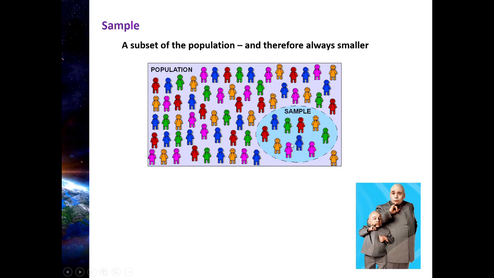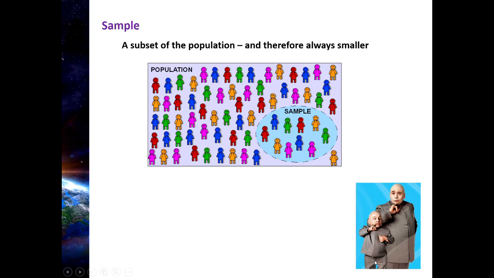And ideally, we want this sample to be representative of the larger population. We want this to be a good mirror image, kind of like you might be familiar with the Austin Powers movies like Goldfinger, Goldmember.